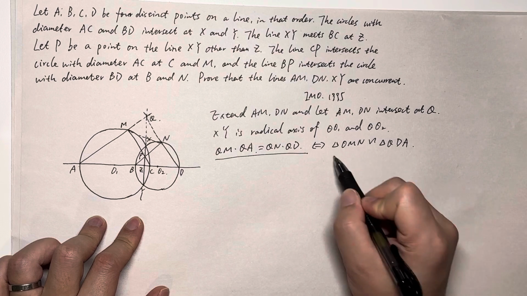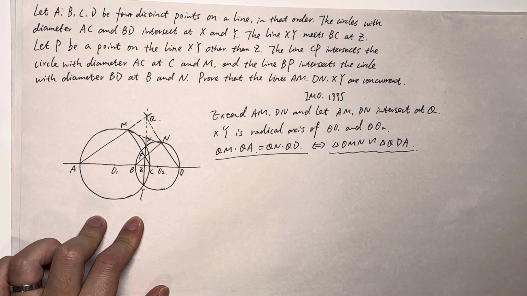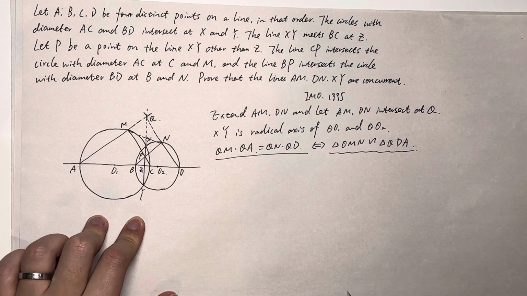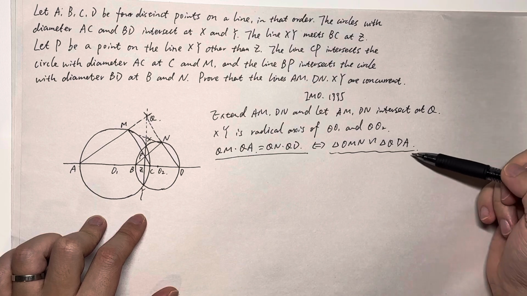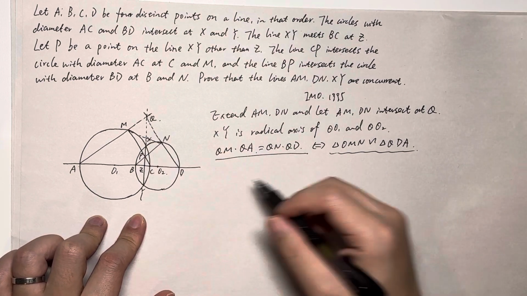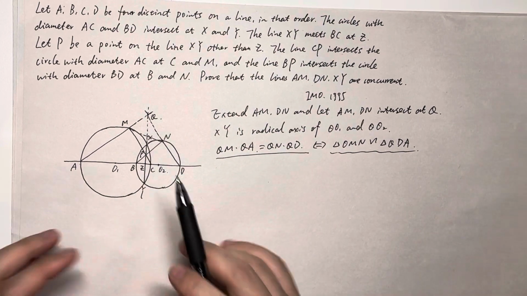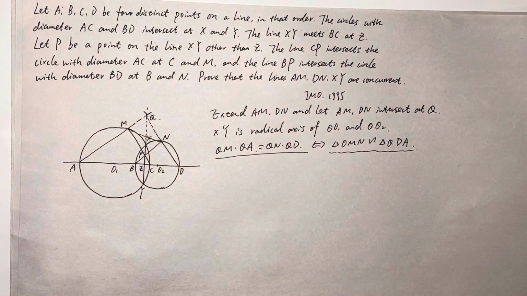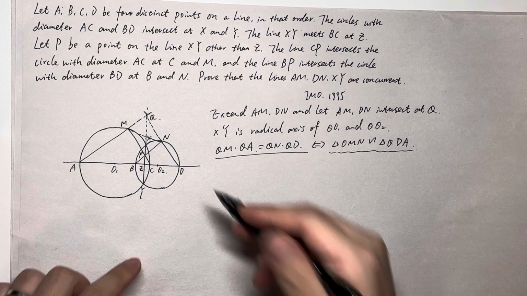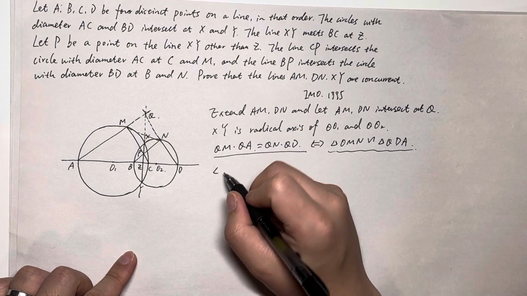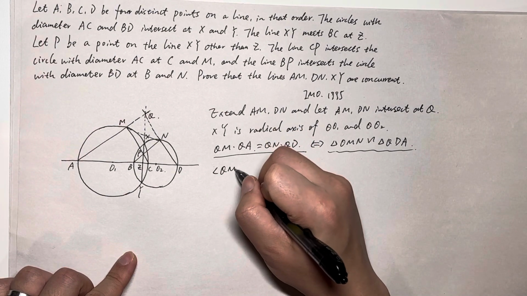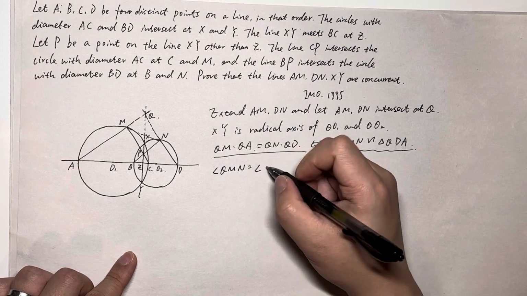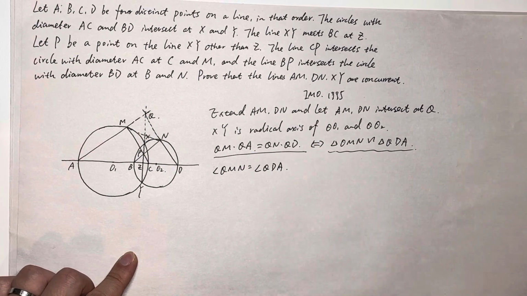which means we just need to prove this one, right? To prove this one, because the whole geometry is a symmetrical problem, we can just prove that angle QMN equals angle QDA, right?